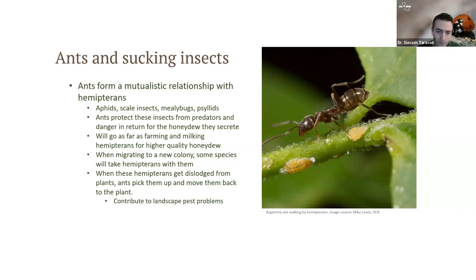But the thing with whiteflies is that they don't just drop the honeydew from where they are feeding on the plant, they kind of catapult it out to a distance.